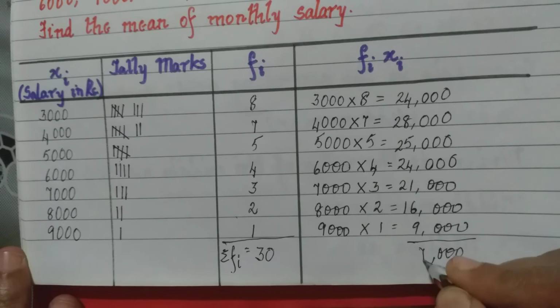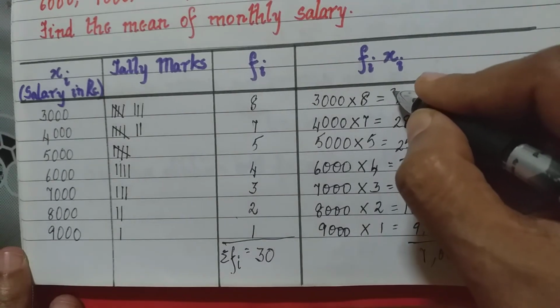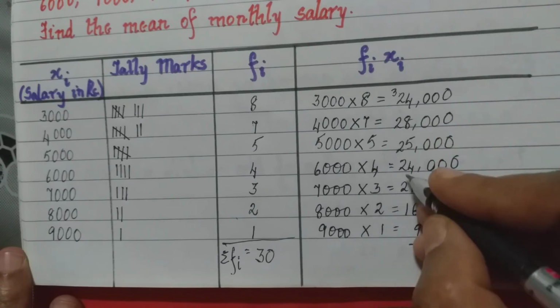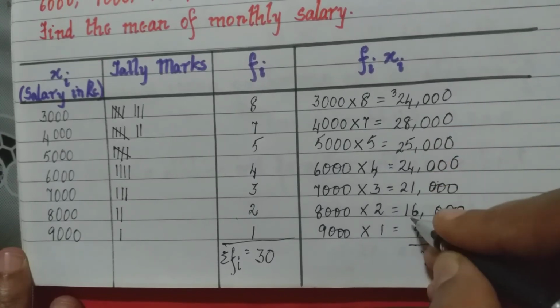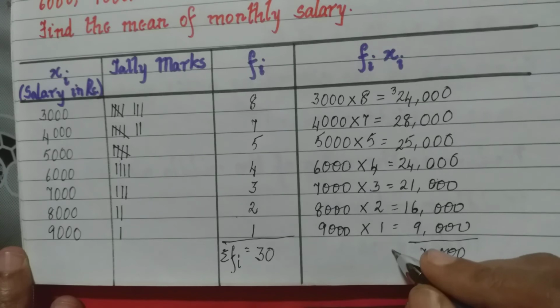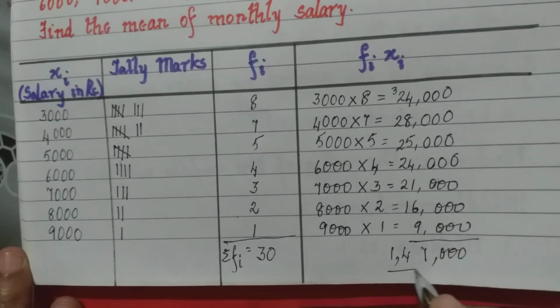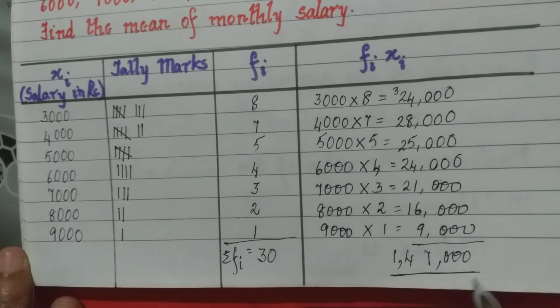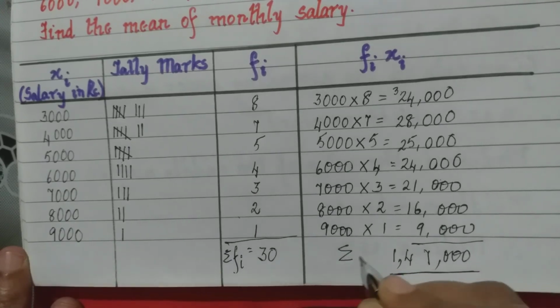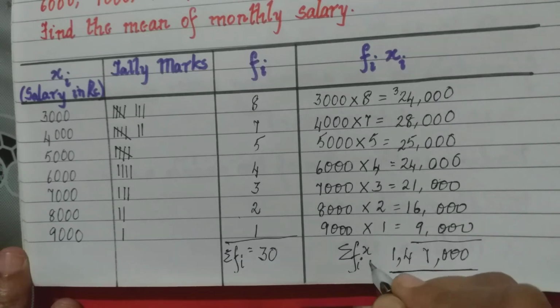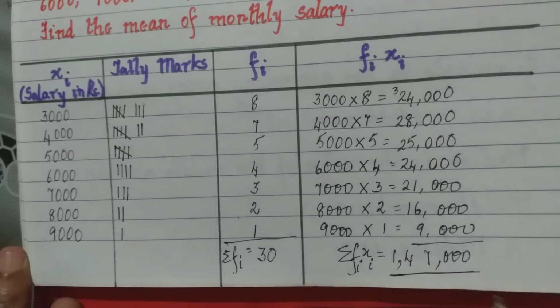So we have 7 and 3 carried up. 3 plus 2, 5, 6, 7, 8, 9, 10, 11, 12, 13 and 14. So we have 1,47,000. What is this 1,47,000? Sigma fi xi.